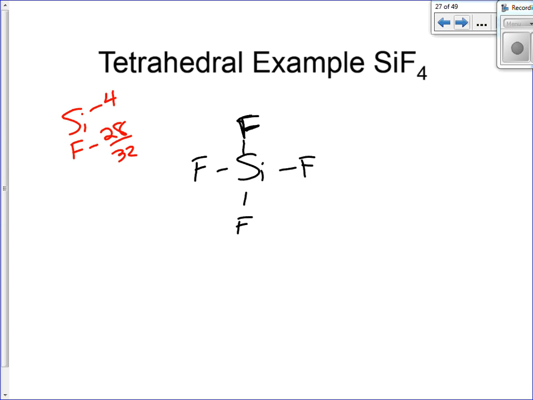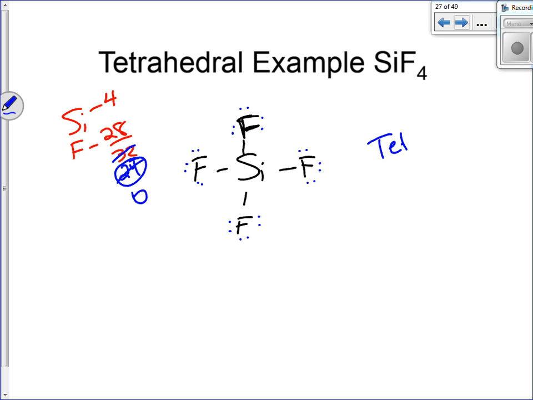So I just used 8. Now I have 24. And who needs 6 each? Each F. So that's going to eat up my 24 left. All right, so we end up with 0.